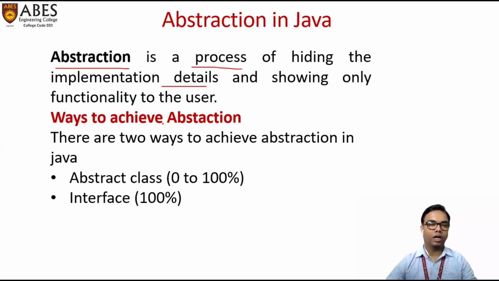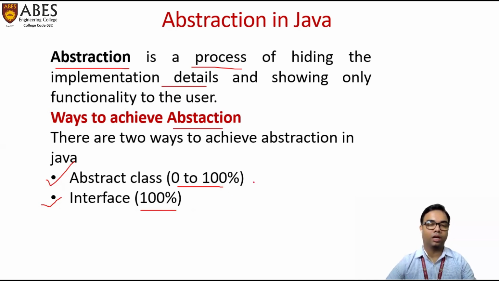There are basically two ways by which you can achieve abstraction. The first is the abstract class and the second is the interface. With an abstract class, you can achieve an abstraction level from 0 to 100%. But in an interface, we can have an abstraction level of up to 100%. Why has this happened?